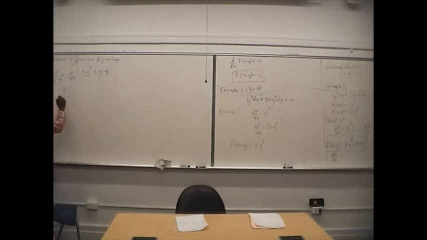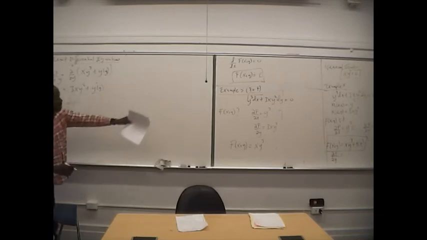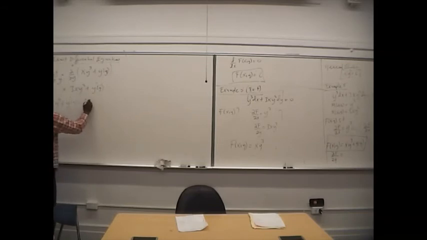Okay, now here I'm going to get 3xy squared plus g prime of y, because g is just a function of y, so that's actually a total derivative. And so from my assumption, 3xy squared plus g prime of y should be the same as my N of x y, which is 3xy squared.